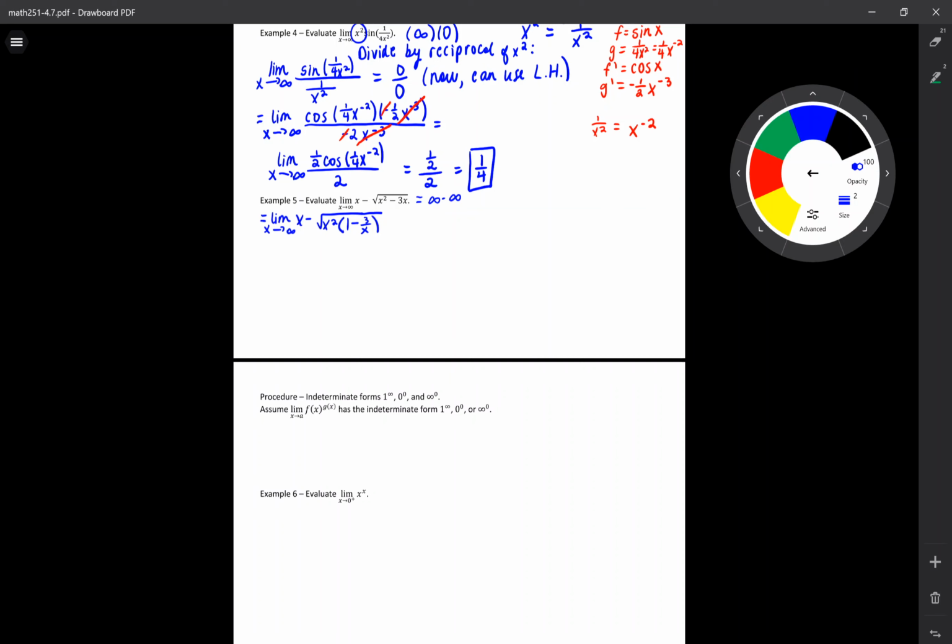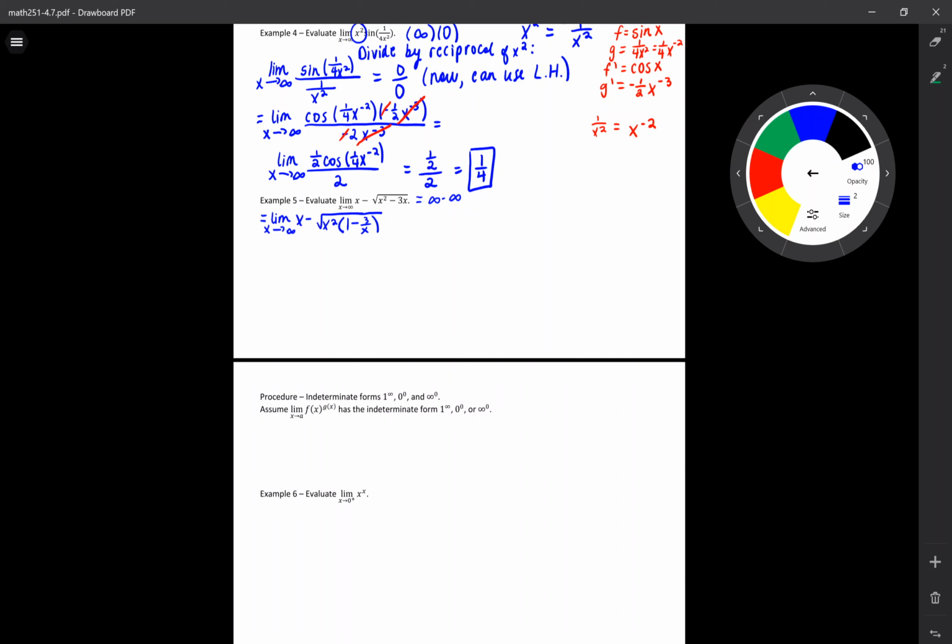Okay, so now I have two things that are being multiplied inside my square root, right? And when I have two things that are multiplied inside my square root, I can take one of them out of the square root if I want to. So that's what I'm going to do. I'm going to take that x squared outside of the square root.